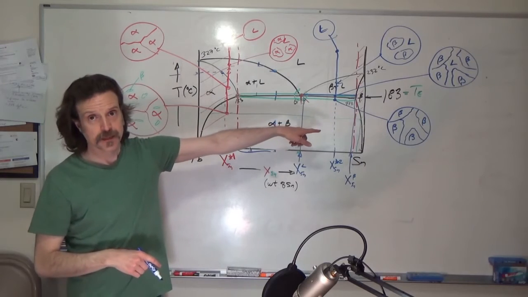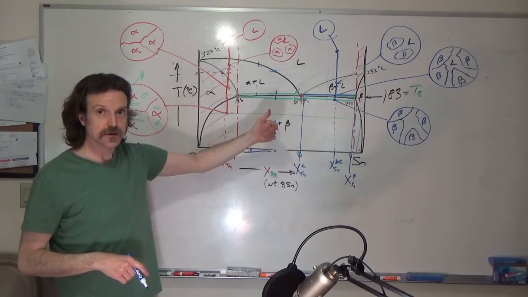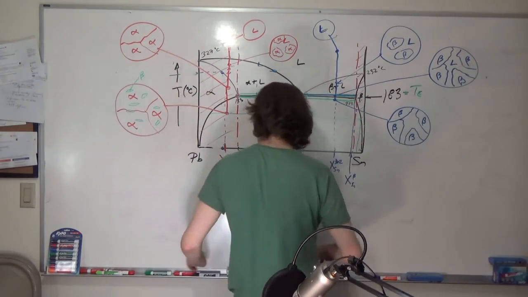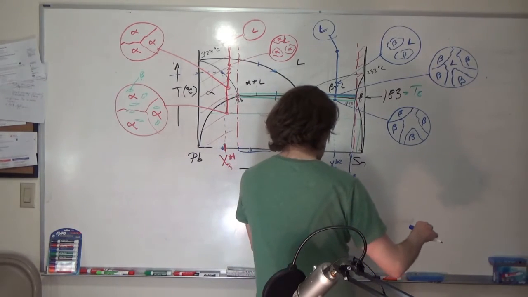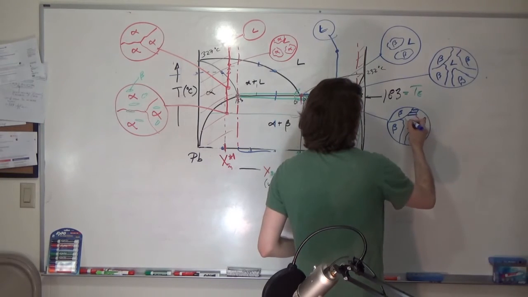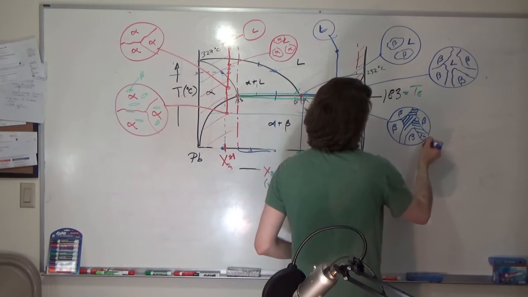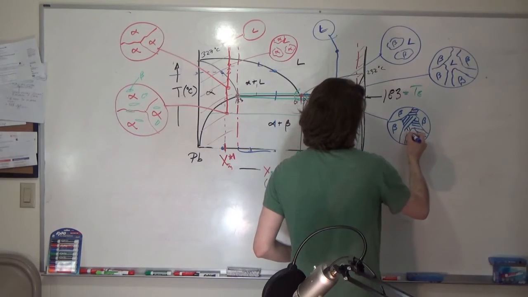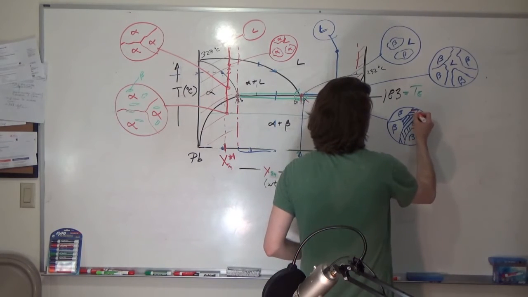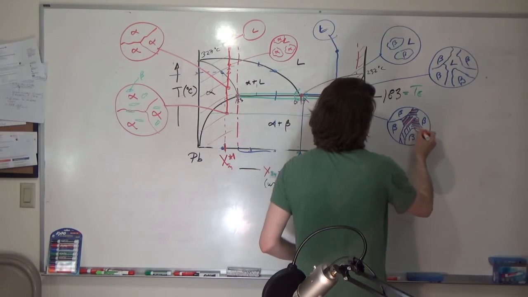But now the liquid's gone, and what happens is it forms what we call a eutectic microstructure. So where we once had liquid, we're now going to have a microstructure which looks like this.